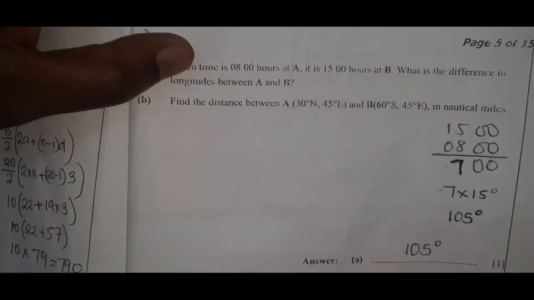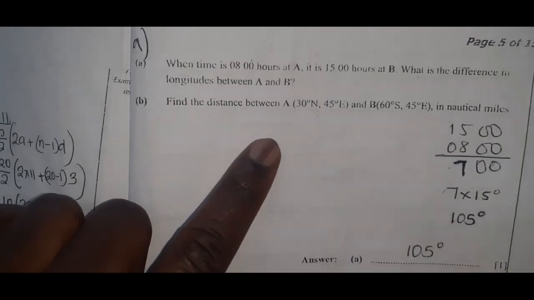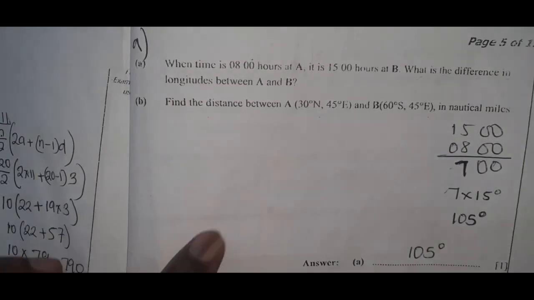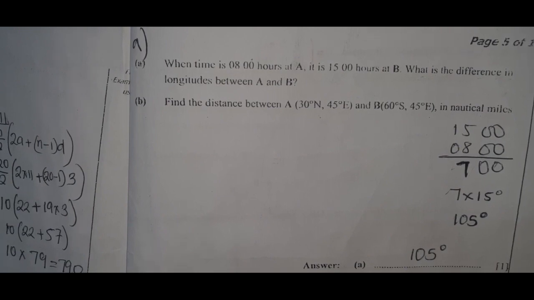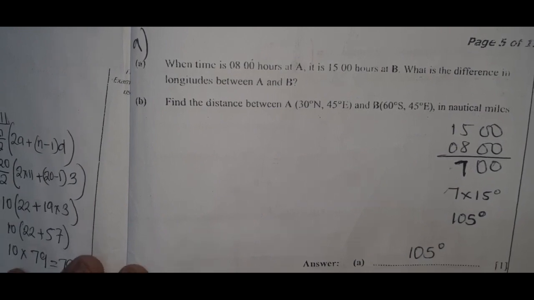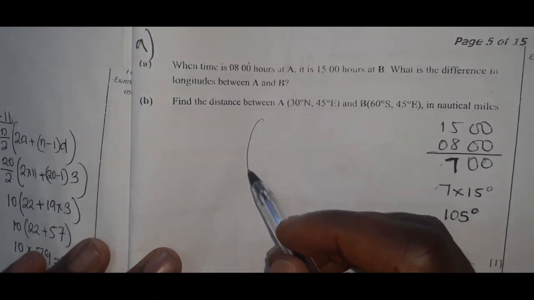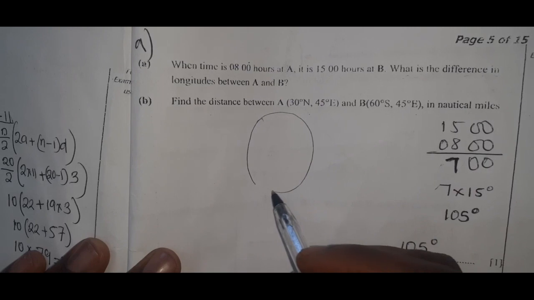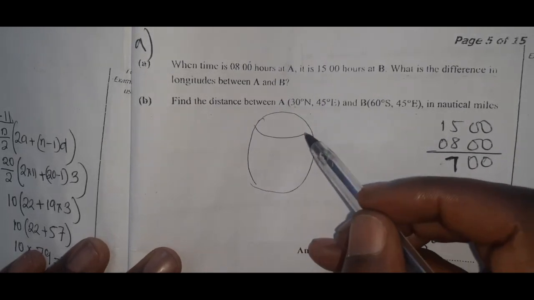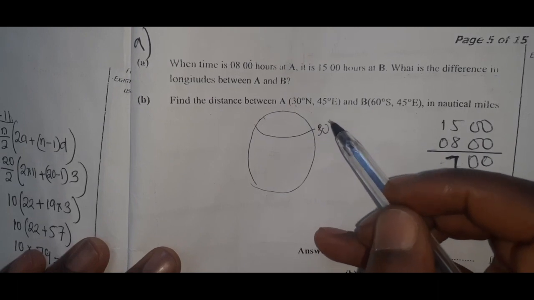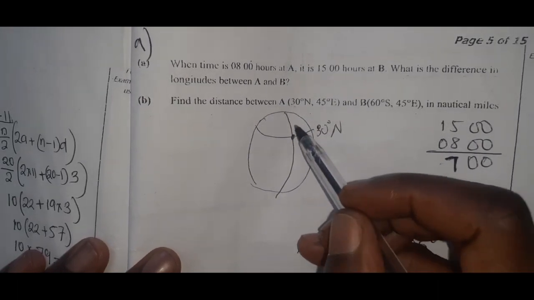Okay. Find the distance between A and B in nautical miles. Find the difference. So if you want, we can sketch just to have a clear picture. So this is 30 degrees north, then this is 45, so this is our A here.